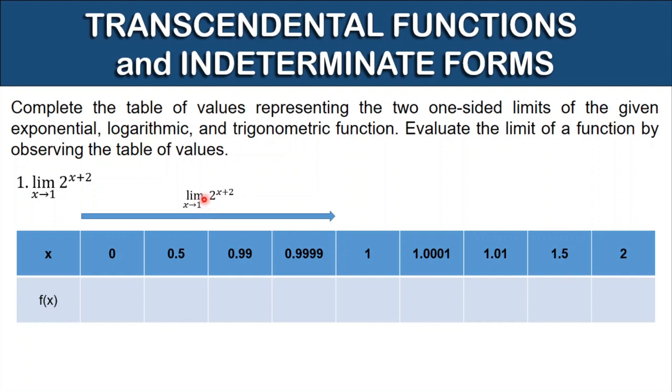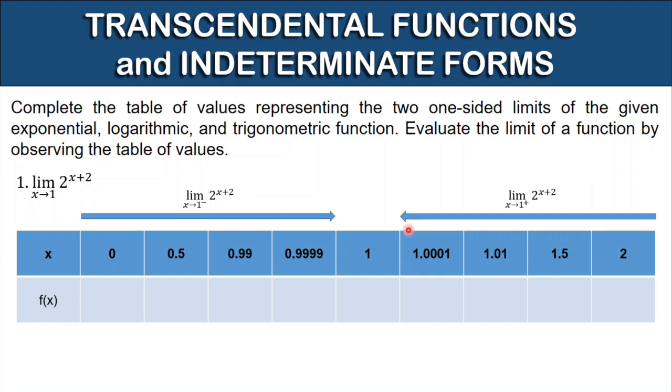That's why we have a negative sign here. It indicates that the values here are less than 1. Then, the other one-sided limit is the limit of 2 raised to the quantity of the sum of x and 2 as x approaches 1 from the right side of 1, or greater than 1.